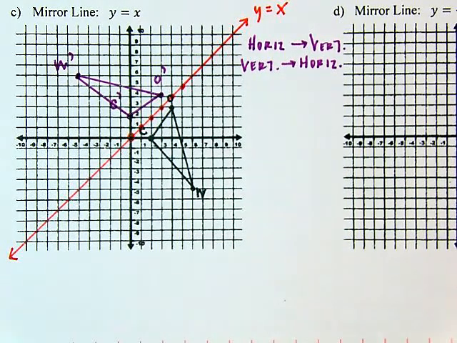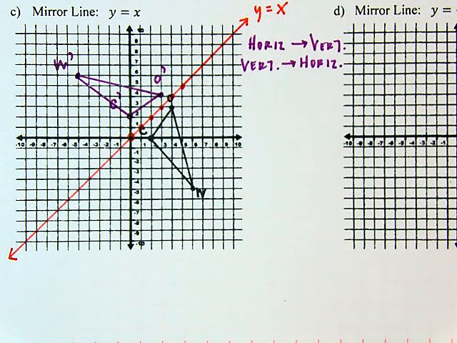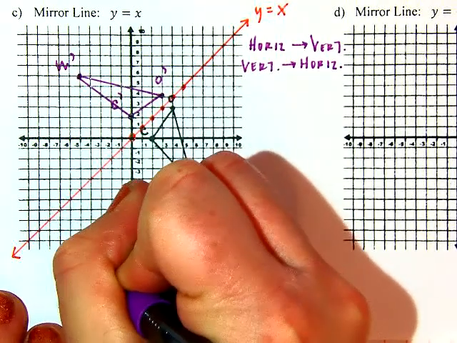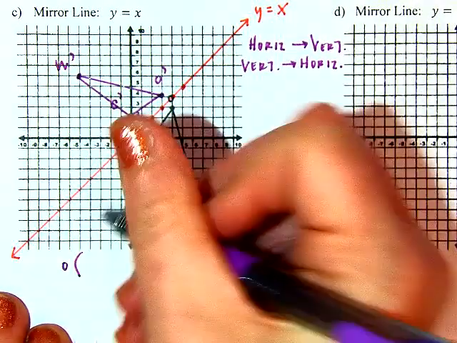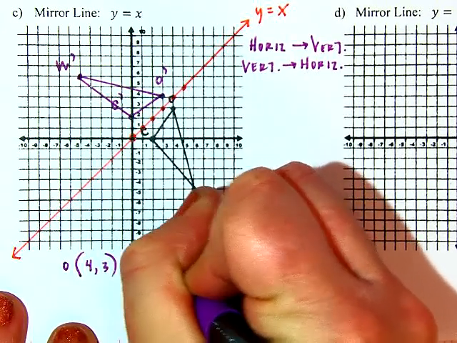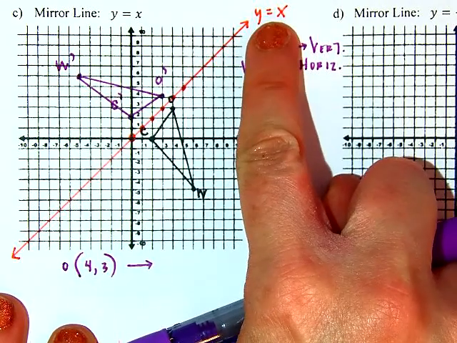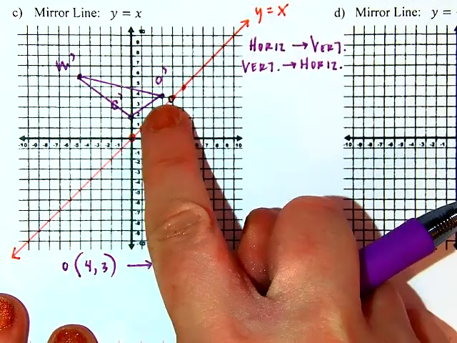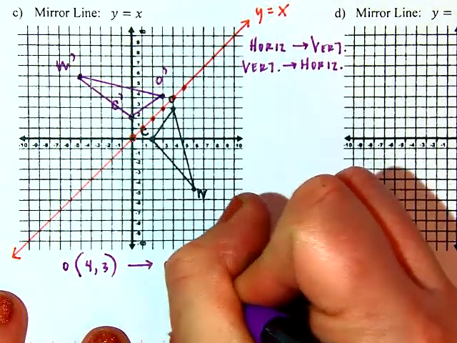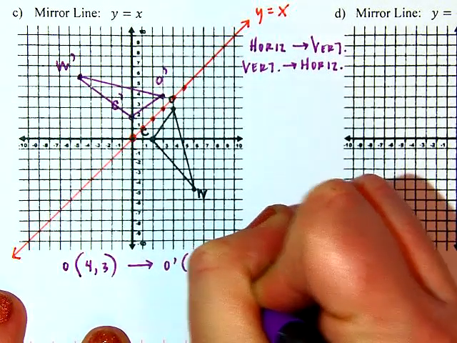Okay, if I show you what the rule is, let's say that we focus on one of the 3 coordinates. Let's say that I look at point O, for example. So point O was originally at 4, 3. When it got reflected over y equals x, where did it flip to? It flipped to 3, 4. So O prime was 3, 4.